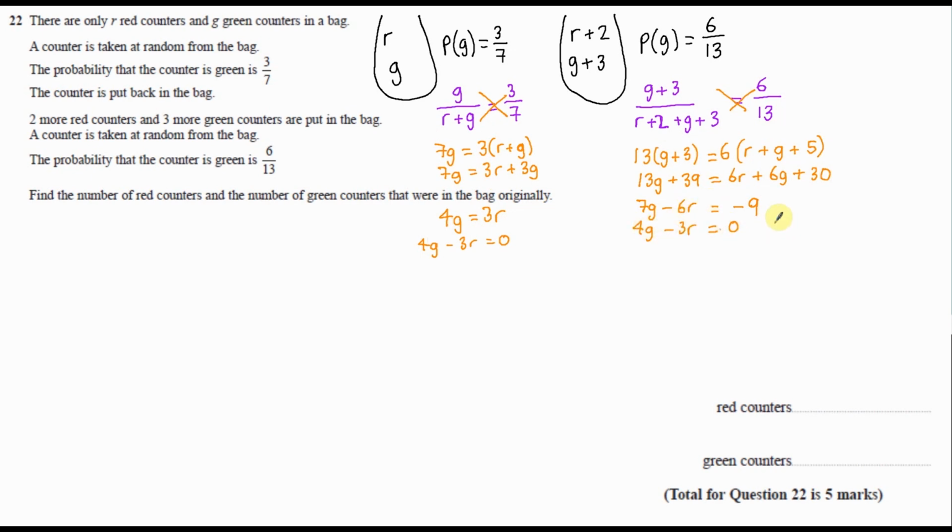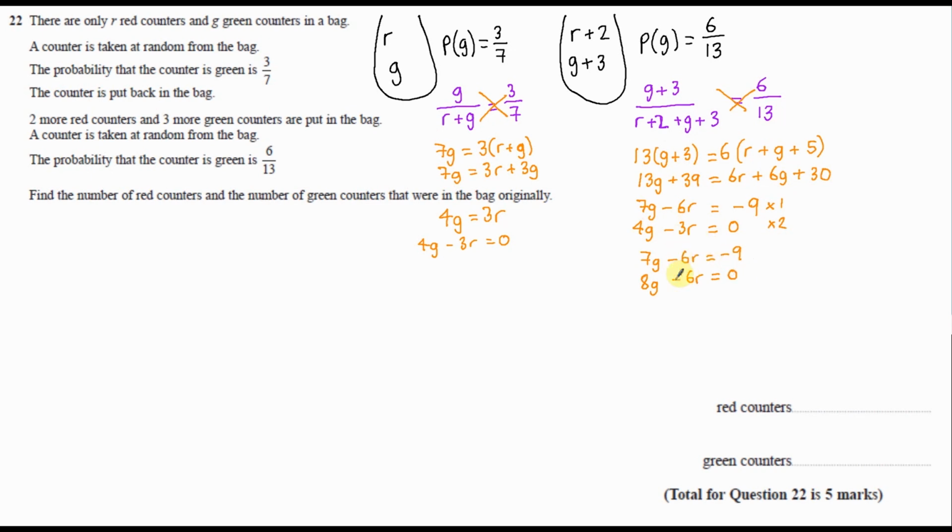That would be the simpler way, by multiplying that equation by 2. So if I multiply this one by 1 and this one by 2, we get 7G minus 6R equals minus 9 as it was. And then this one multiplied by 2 gives us 8G minus 6R equals 0.